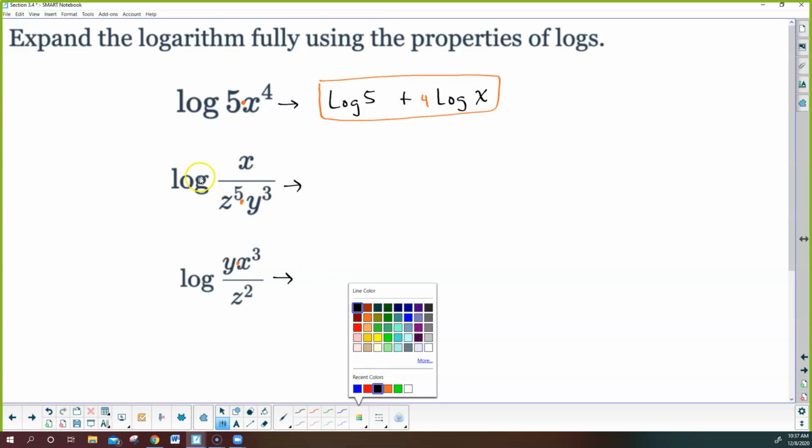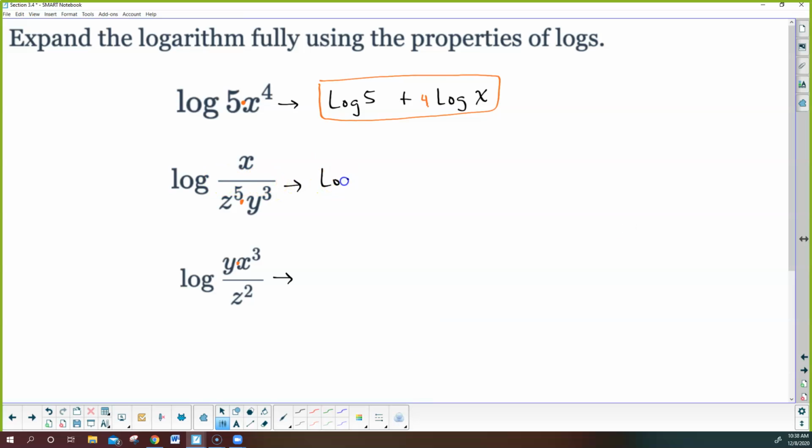Okay. Now the next one, I've got the log of x divided by this whole piece. So I'm going to deal with the quotient first. So it's the log of x minus, now here's the part where we have to be careful. We're subtracting the entire denominator, but that denominator is actually the product, so that's going to be turned into addition.